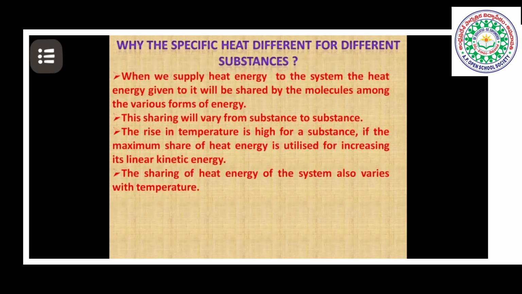That is very important. But what about rotational kinetic energy, vibrational energy and potential energy? Among the four energies, if the supplied energy is utilized as linear kinetic energy, such substances have more specific heat. This is very clear. You should understand that the sharing of heat energy in the system also varies with temperature.